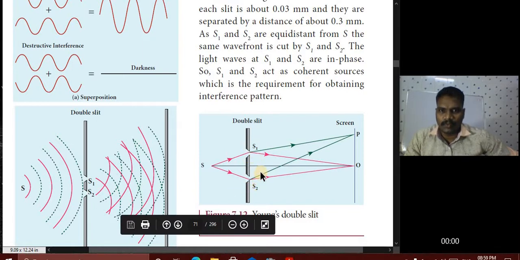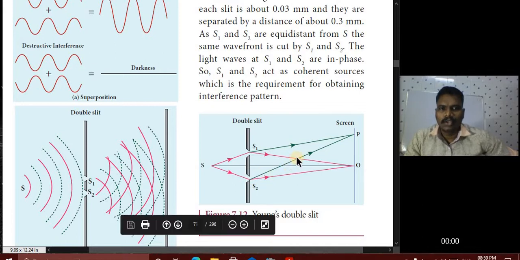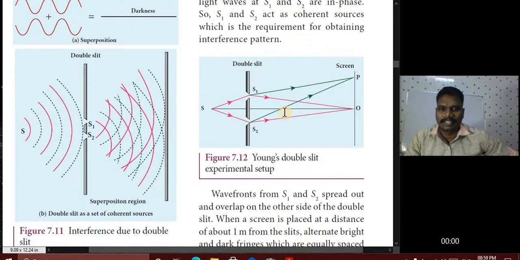The light waves at S1 and S2 are in phase. So, S1 and S2 act as coherent sources, which is the requirement for obtaining an interference pattern.